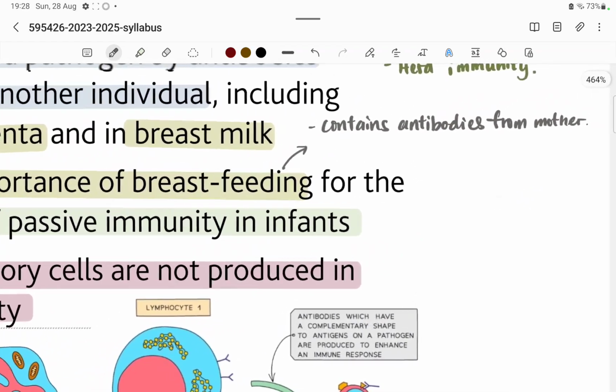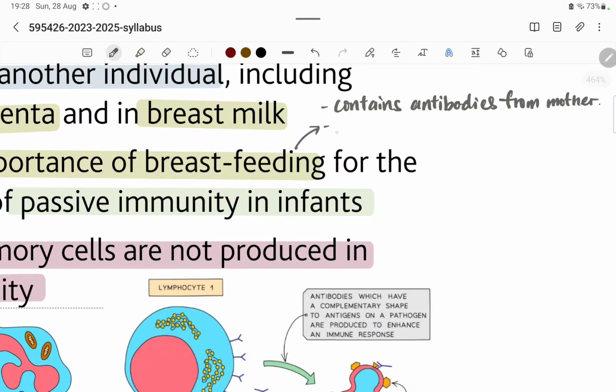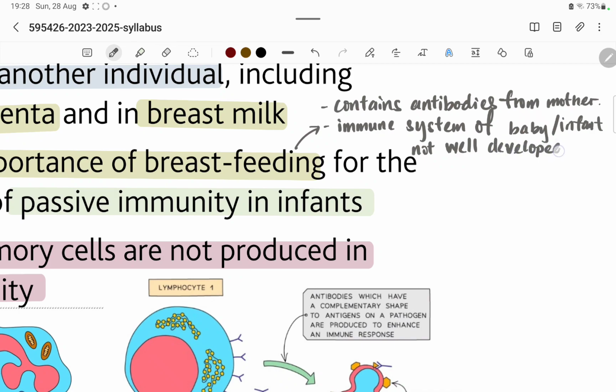And then after that, the immune system of the baby or infant is not well developed yet.